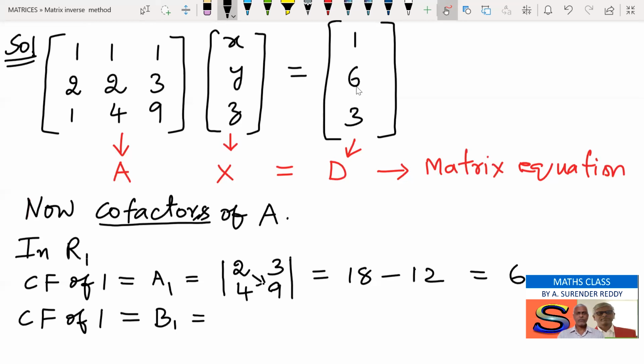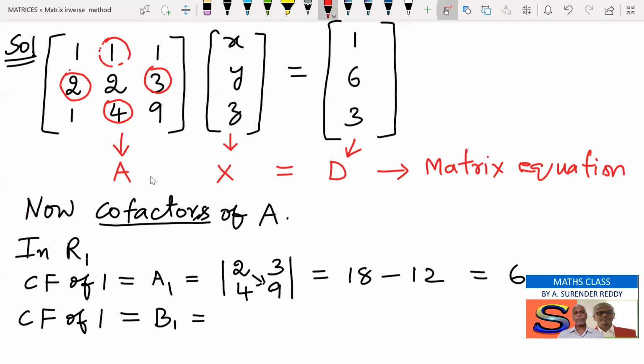For this, we need to multiply with -1 to the power i plus j, where i is the number of the row and j the number of the column.